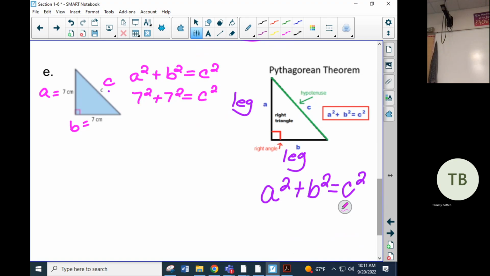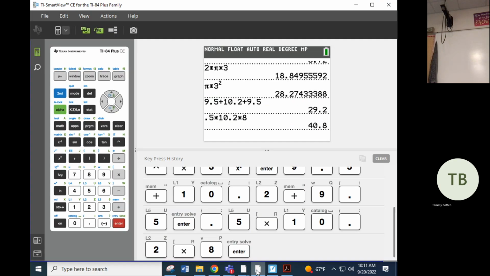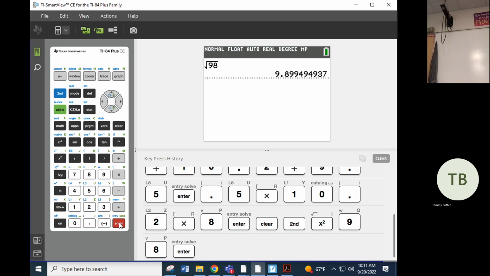Now you can punch this in. If you just went 7 squared plus 7 squared, that's going to give you 98. And then you would find the square root of that. If we do square root, you can go second x squared, and that'll give you the square root of 98.